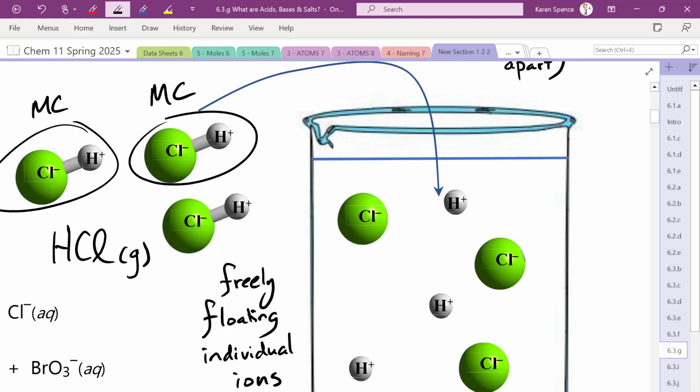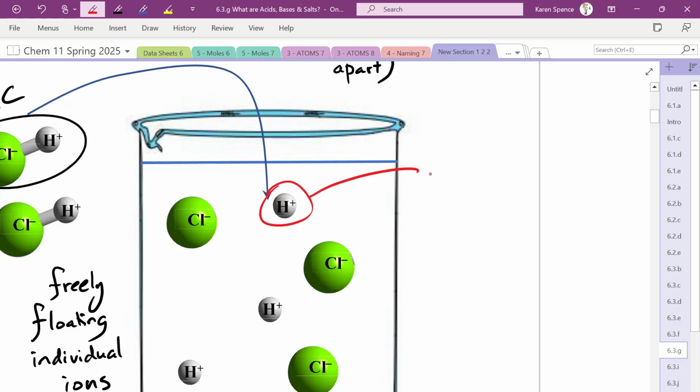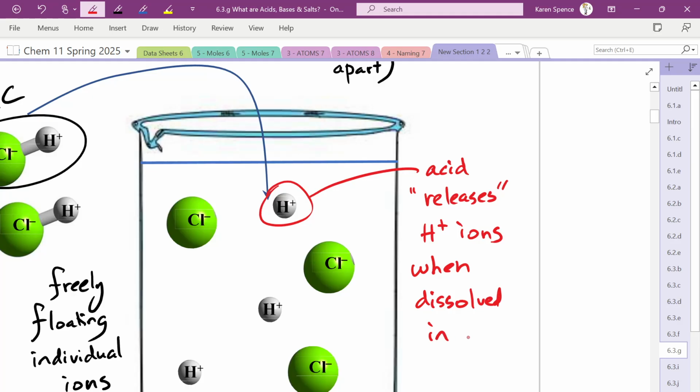And that is the definition of an acid: it is a substance that releases hydrogen ions when dissolved in water. So an acid releases H+ ions when dissolved in water.